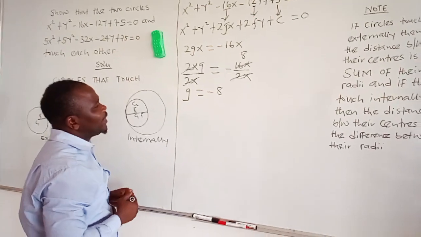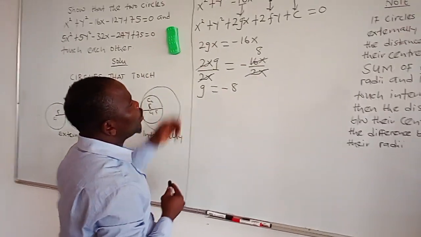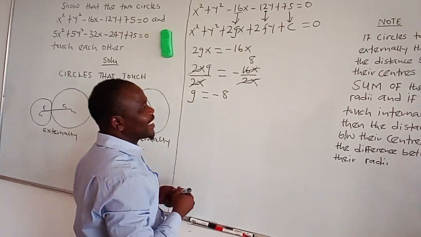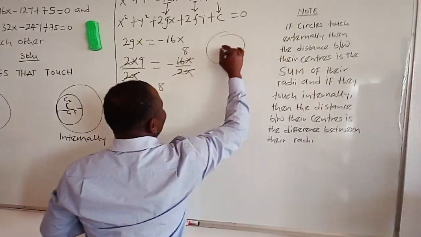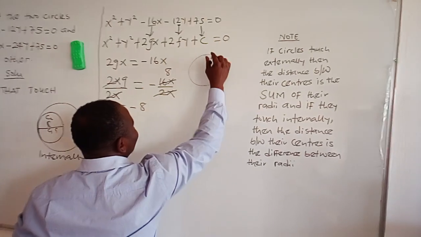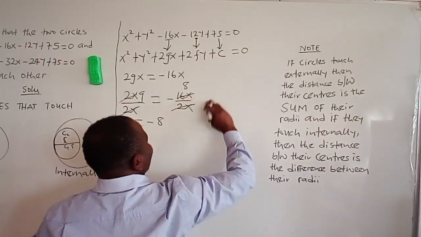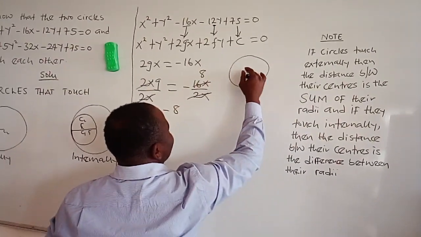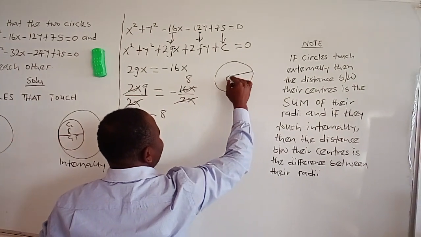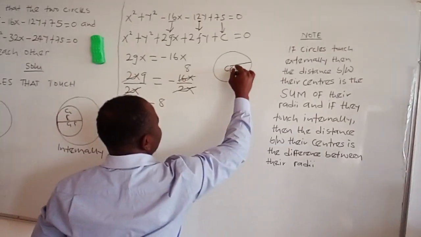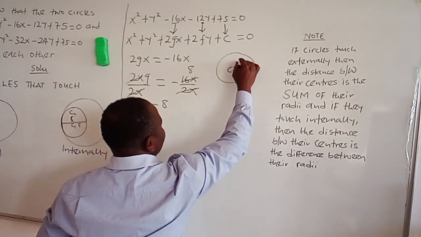But note that in our previous video, I told us that at the center here, see, our g is minus and also our f is what?